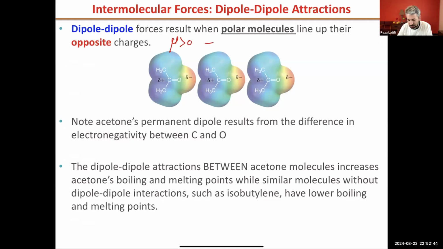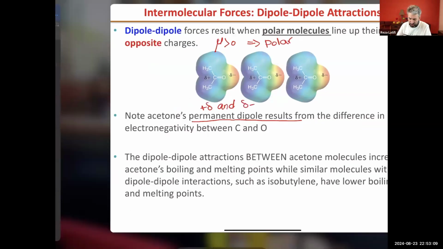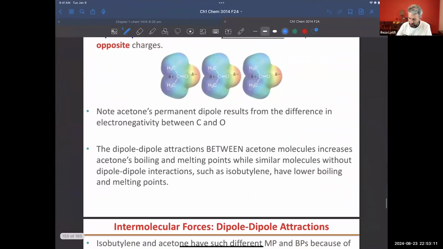That means our molecules are going to be polar. We have permanent positive and negative charges, and that's the reason we get interaction between the molecules. So we can draw it this way.